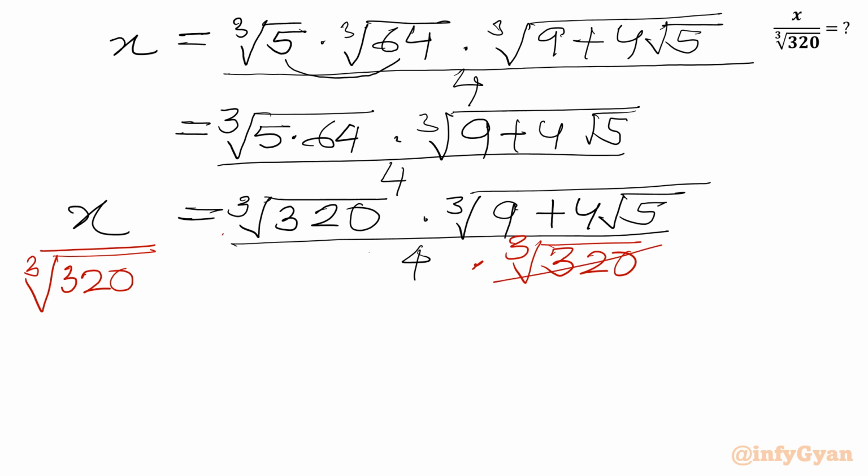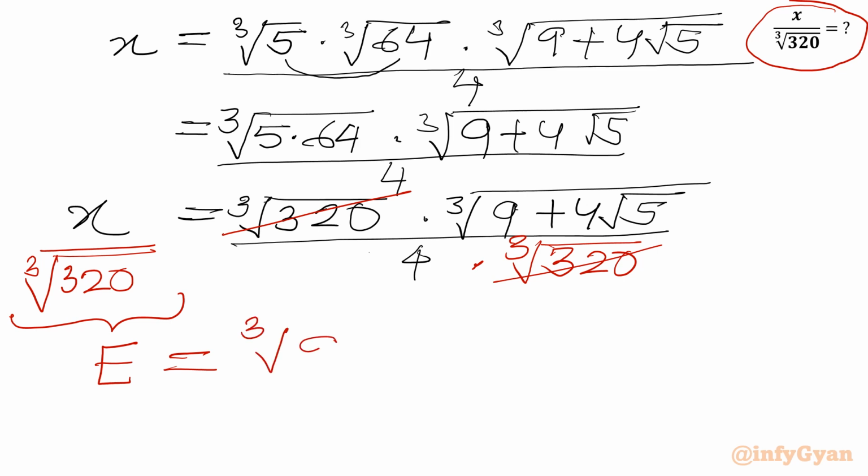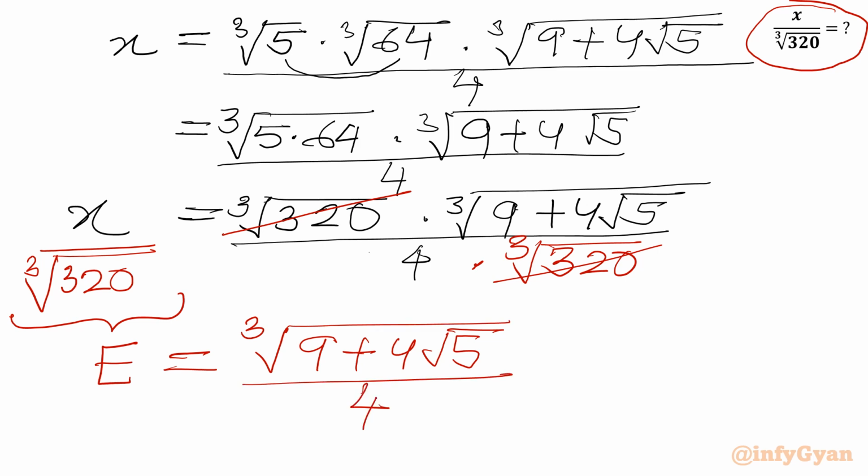Now the LHS will be the required expression E, which will be equal to cube root of (9 plus 4 root 5) over 4. Let's say this cube root is y, and the denominator is 4. So we have to find y first.